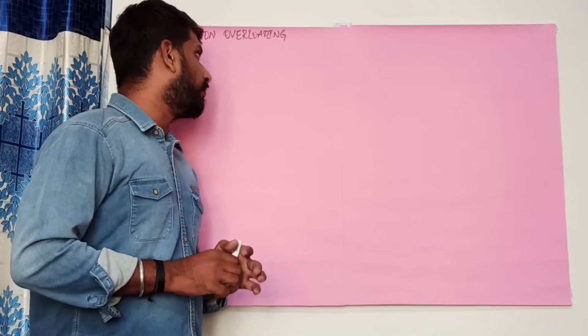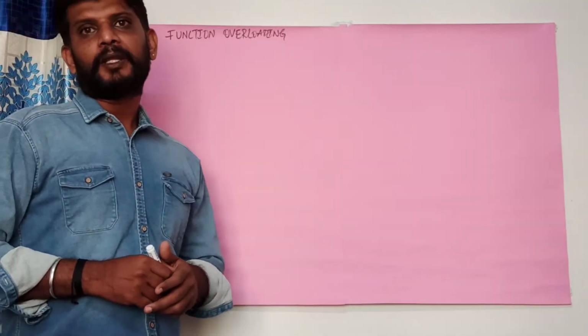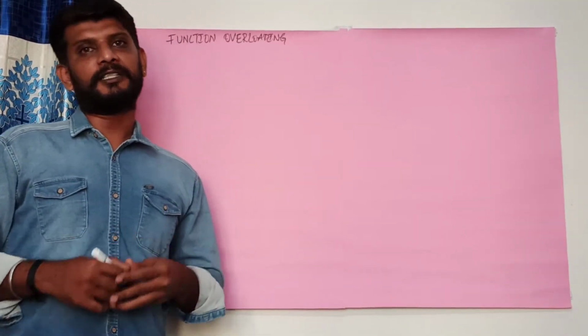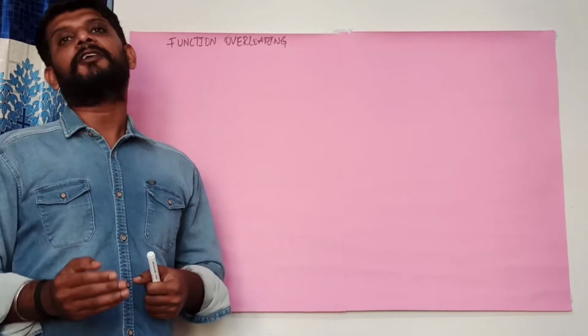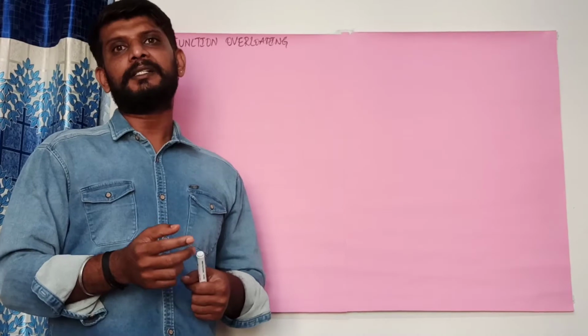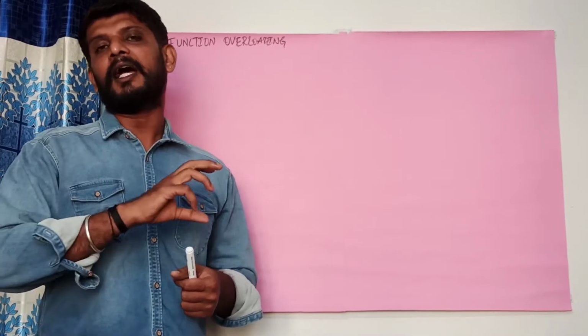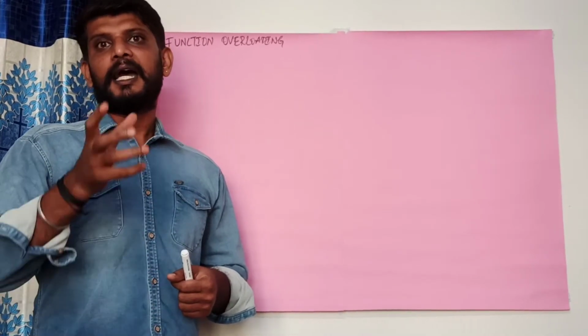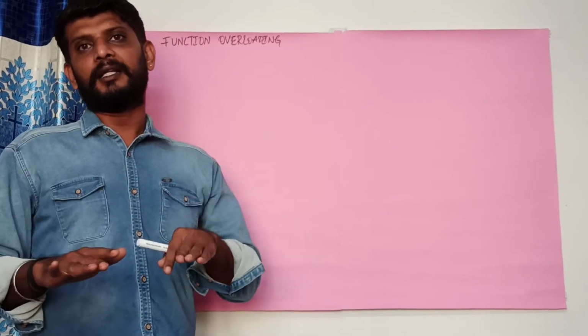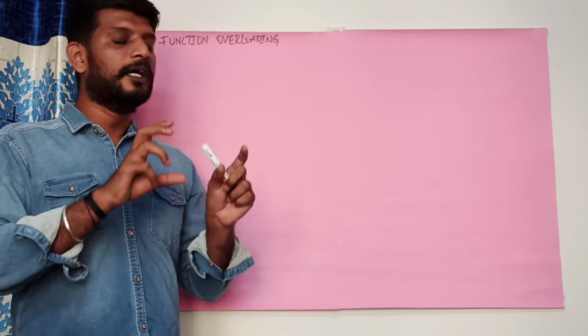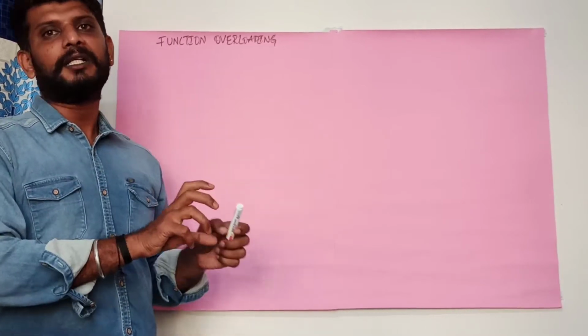Now, let me write a program to implement the concept of function overloading. In this program, I will create a function that will add two numbers and another function that will add three different numbers. Let us see how exactly one function is overloading another function, or how we are overloading two different functions with the same name.